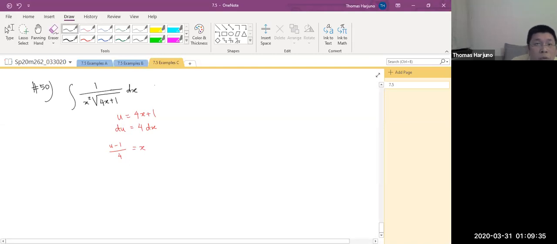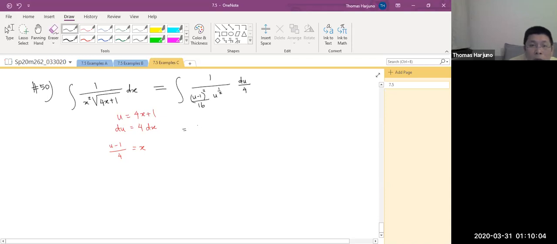So that integral becomes, our dx becomes du over 4. And then I get 2 to the power of 1 half here. And here I have u minus 1 squared over 16. Let me clean it up a little bit.